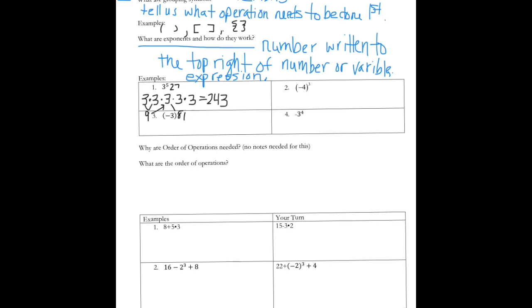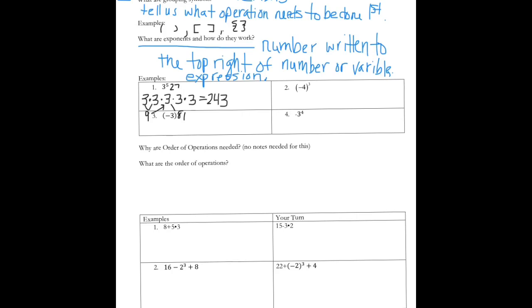So 3 to the 5th power is 243. Again, it does not mean to multiply 3 times 5. It means to take 3 times itself 5 times. So an exponent is really repeated multiplication.